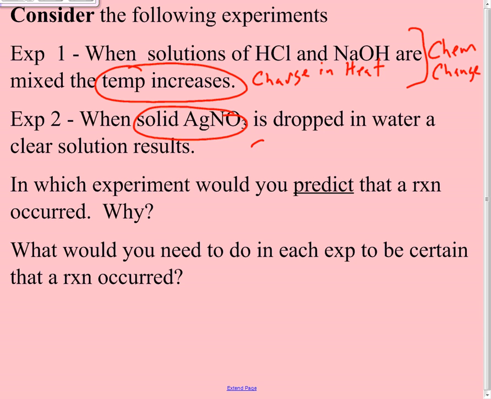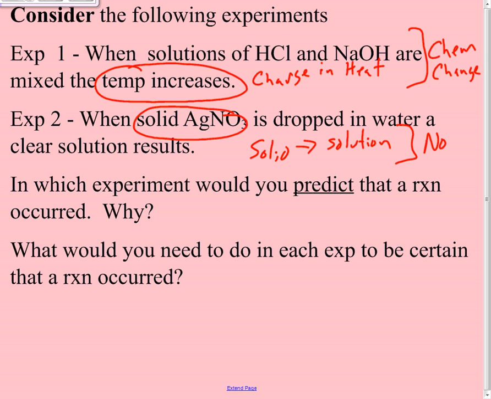I go from a solid to a clear solution. Is this an indicator of a chem change? No, this is not one. Remember we said production of gas, production of precipitate, change in color, change in temp. No, this does not indicate that a chemical reaction occurred.